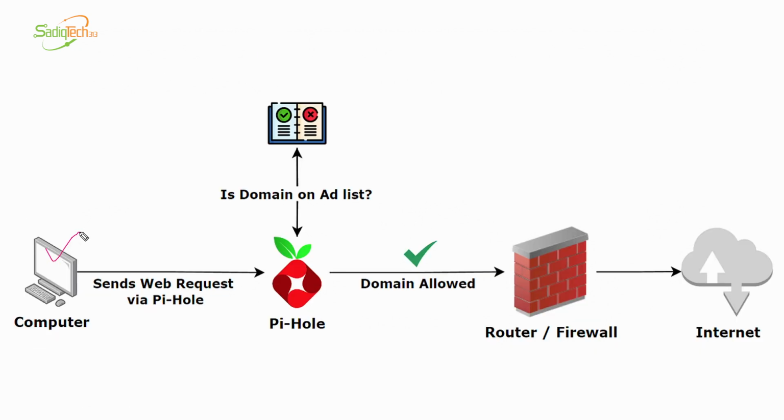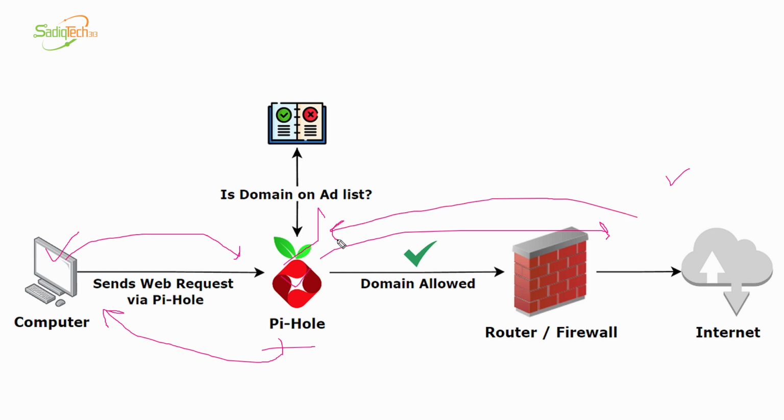Again, on this page, this is a computer that wants to access internet domains. First, its request comes to the Pi-hole server. It checks its blacklist and whitelist. If the request was on the blacklist, it sinkholes the request and sends back a null response, so you cannot access this page. If the user request was on the whitelist, it will be resolved by a public DNS server, and the request will go through the internet and the response will come back.